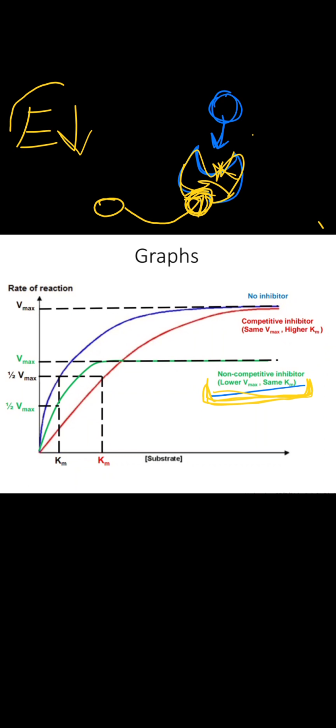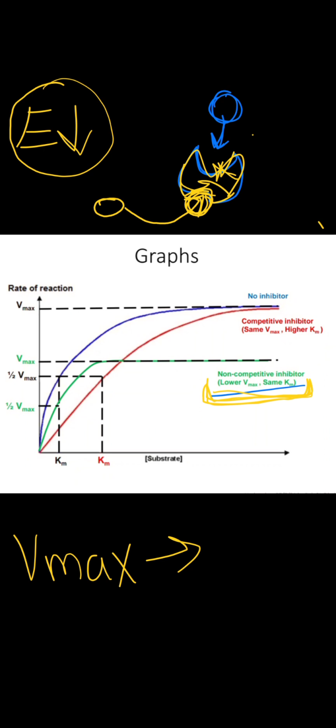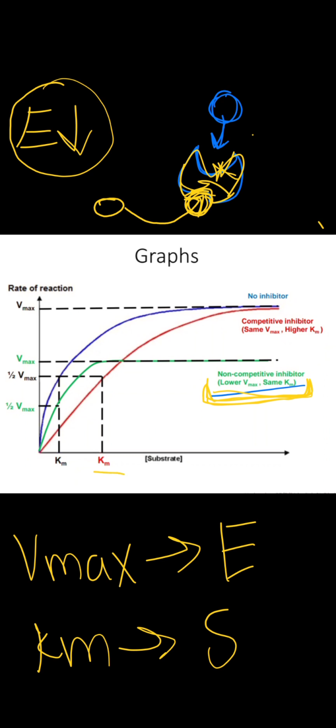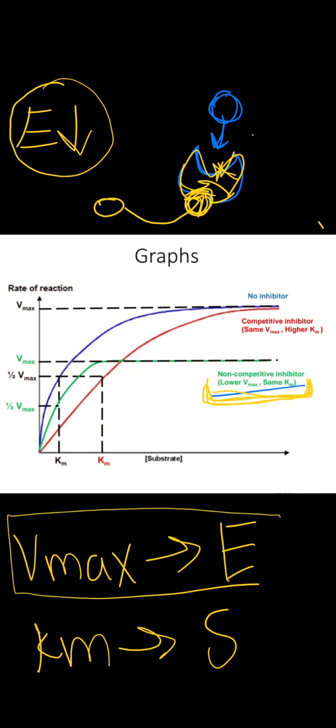Now we had an idea that the enzyme decreases. As I said before, when we're talking about enzymes, we talk about the Vmax, and when we're talking about the substrate, we talk about the Km. In this case, we're talking about the enzymes, so we're talking about the Vmax.